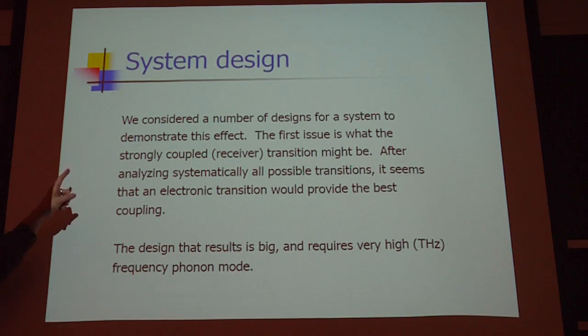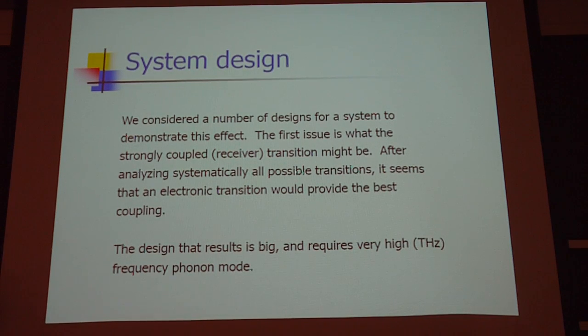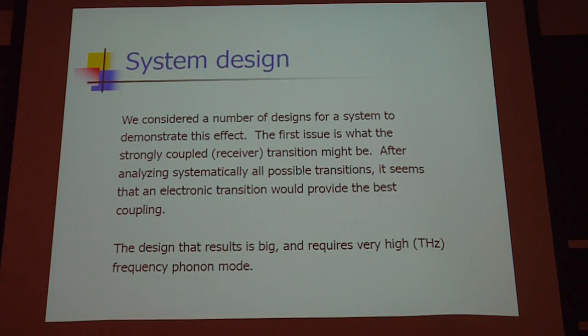So we considered a lot of different designs, a lot of different transitions for doing the coupling. You need a coupling between vibrations and excited state transitions. So I considered electronic transitions, like K-shell transitions, as being a source of the transition I could do my fractionating. And I considered nuclear transitions as well.